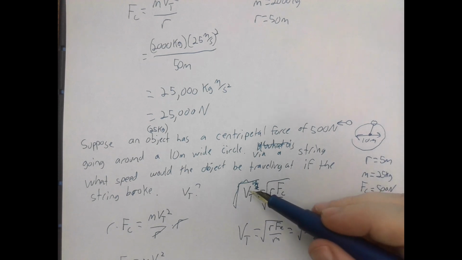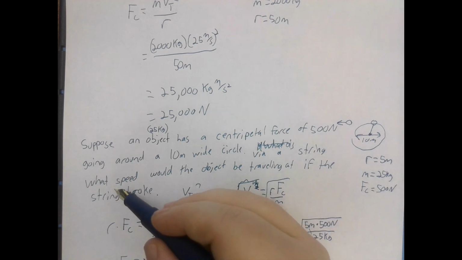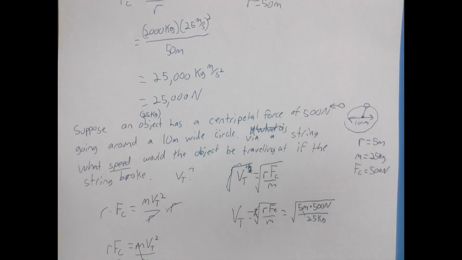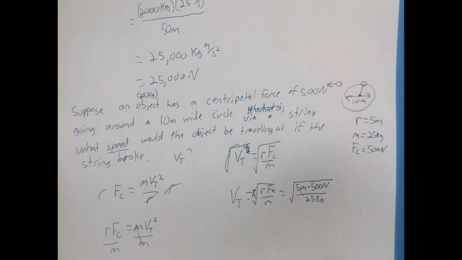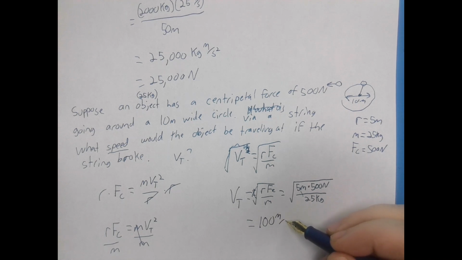And note, whenever you take the square root, this would be plus or minus. Right now, I'm asking for speed, so the direction doesn't matter. We're just looking for the magnitude. And that would equal 100 meters per second.